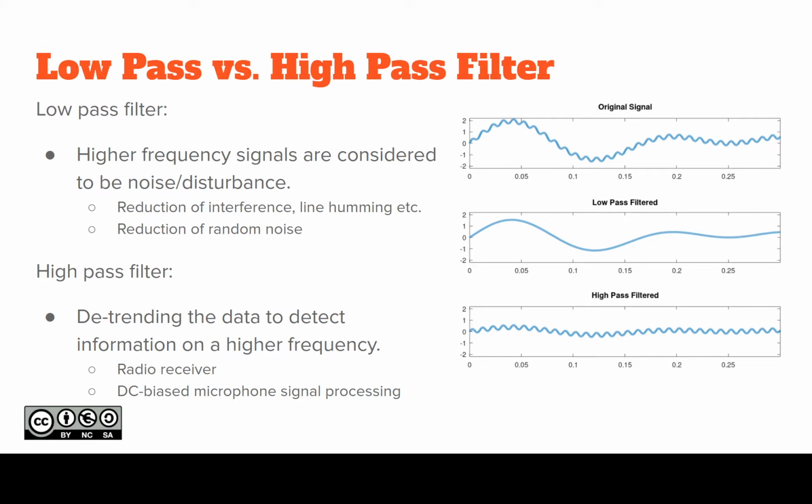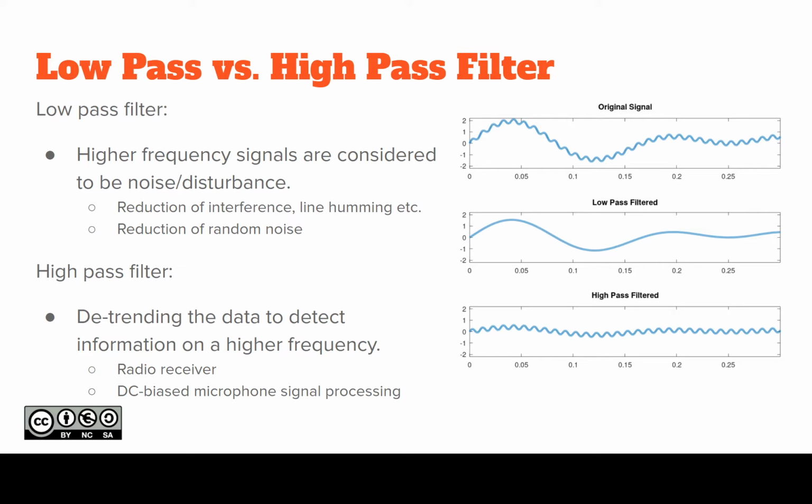wires, it could be picking up some AC humming noise, so line humming, or switch power supplies are actually giving that electromagnetic interference. And if you have a switch power supply next to a very sensitive sensor, you might get some sort of periodic signal showing up on the top of the original signal.